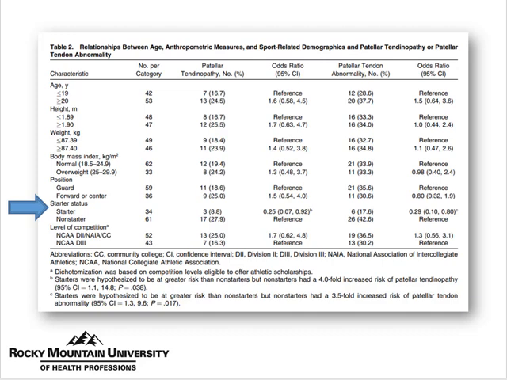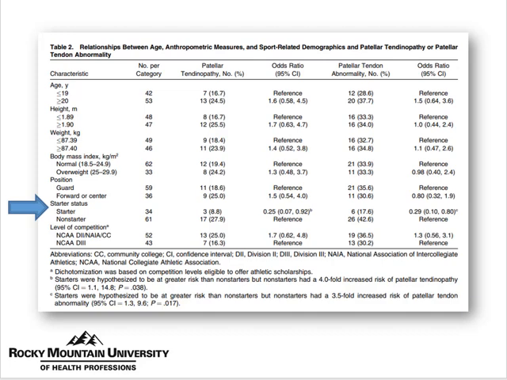One thing of interest, the only finding that we found that was statistically significant was looking at starter status. We had hypothesized that starters might be at a greater risk for having patellar tendinopathy or patellar tendon abnormality, when in fact we found the exact opposite, that non-starters were at a greater risk, almost 3.5 to 4 times greater risk than starters.